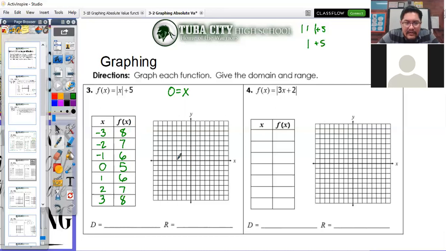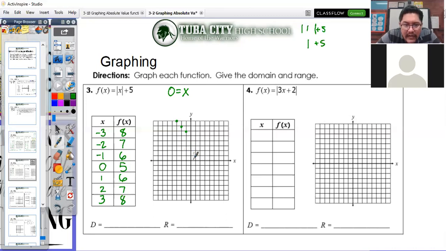So -3, up 8, -2, up 7, -1, up 6. Okay, yeah, that's right.